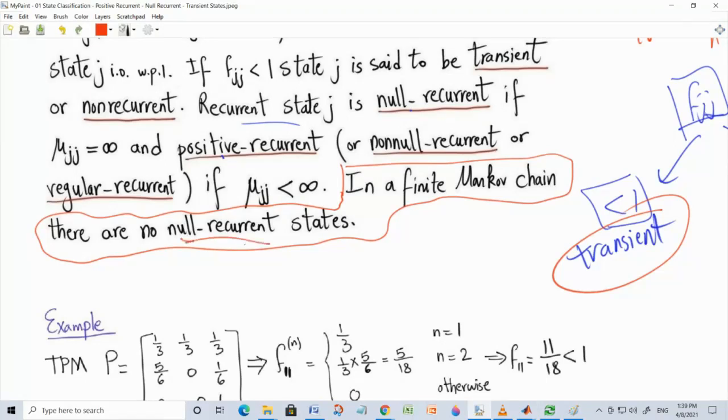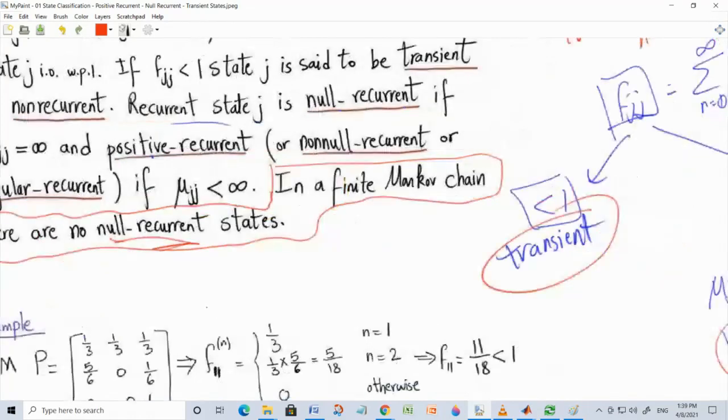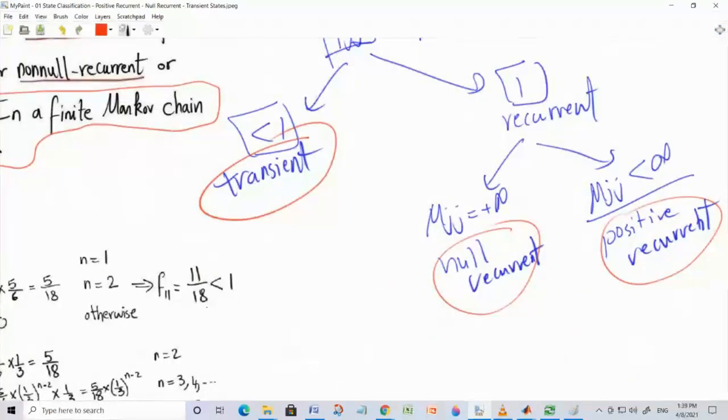So null-recurrent states do not occur in finite Markov chains. We still don't have the tools to make this argument, but keep it in mind.